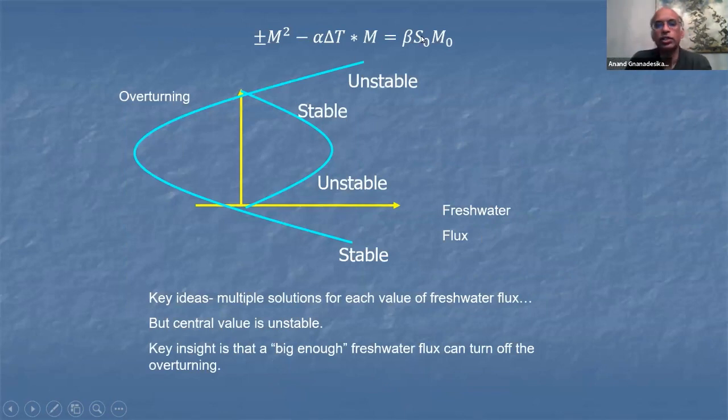And that quadratic equation, as it turns out, has two sets of solutions. Basically, it's two parabolas. This part of the parabola is a stable solution, and this part of the parabola is a stable solution. But the central one is unstable. And the key idea is that a big enough freshwater flux can turn off the overturning. So there's a fundamental coupling between the hydrological cycle in the atmosphere and the overturning in the ocean.